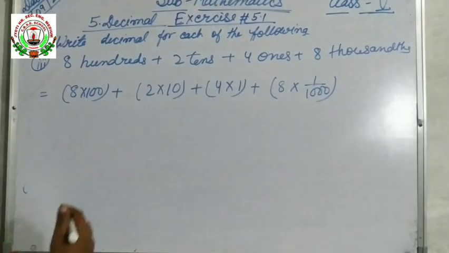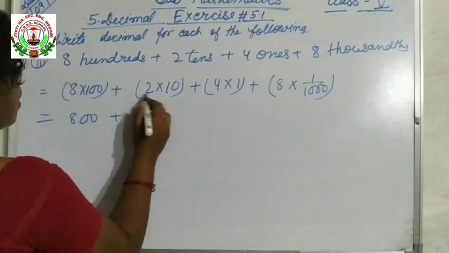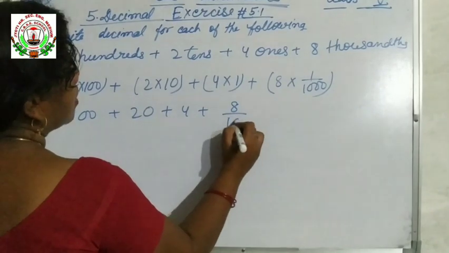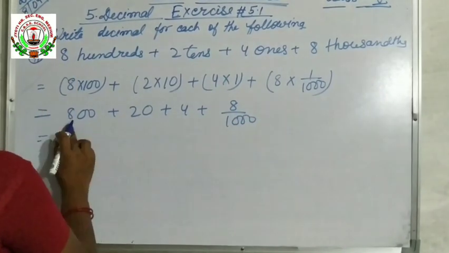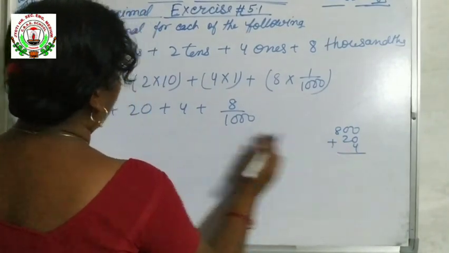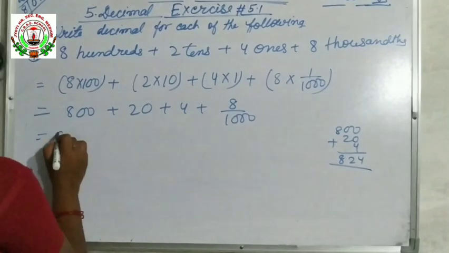Okay, so what you will do here, 8 into 100 is 800, plus 20 plus 4, plus 8 by 1000. So when you add 800 plus 20 plus 4, it is the whole part, so you will get 824.